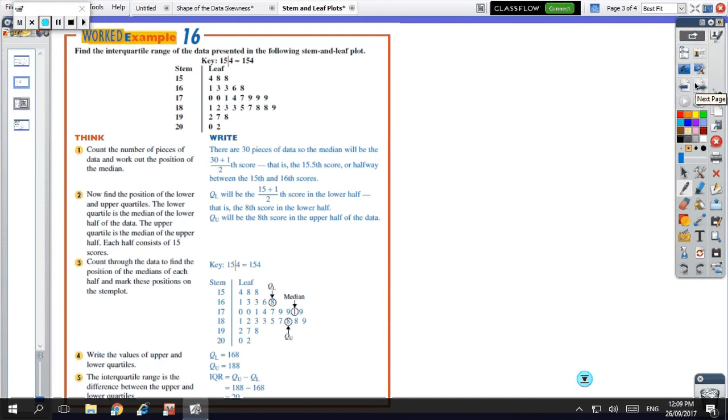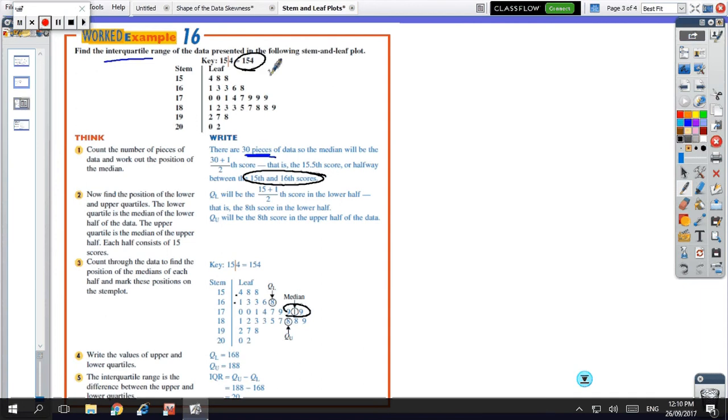Okay, so in this particular question we have to find the interquartile range, and the first thing you have to work out is how many pieces of data. There are 30 pieces of data, and to find the middle of 30, it's an even number, so it's the 15th and the 16th score, and you just have to manually count through until you get to the 15th and 16th score. They were both 179s.